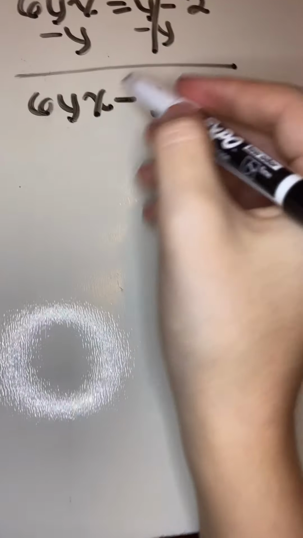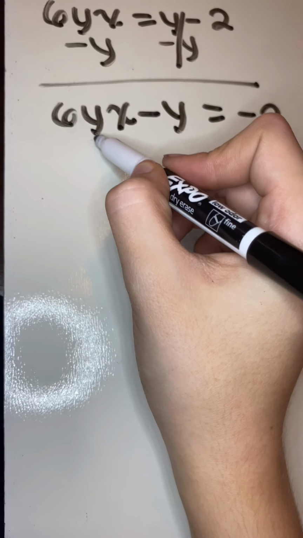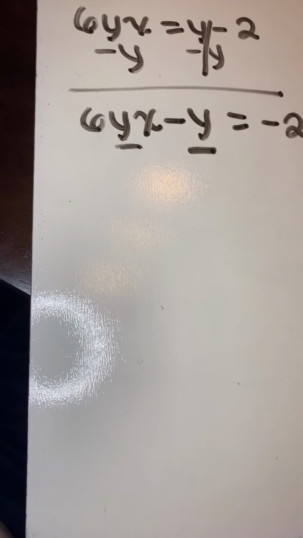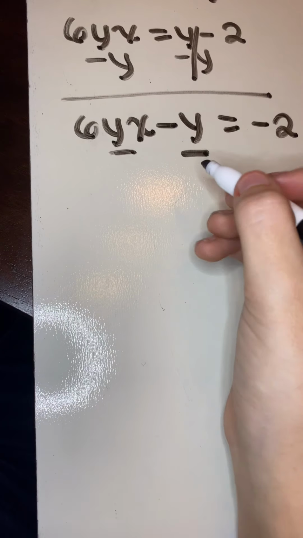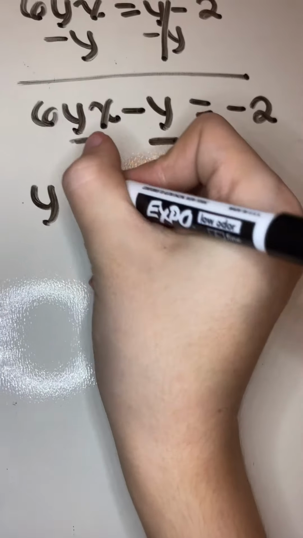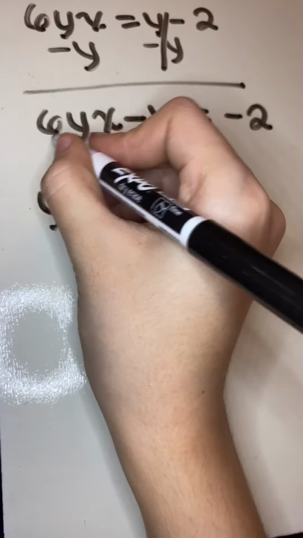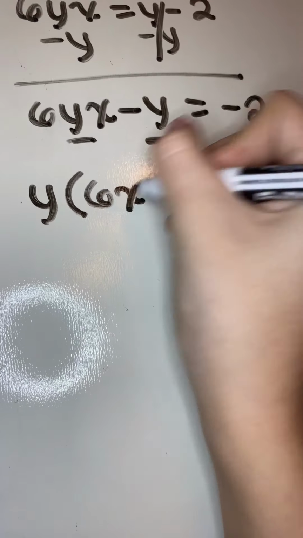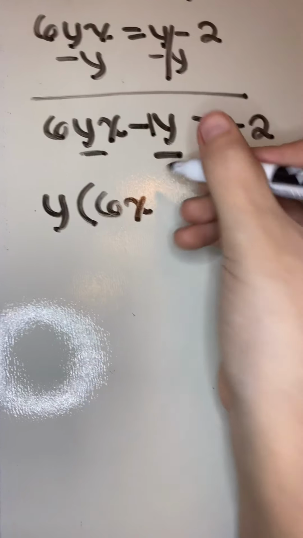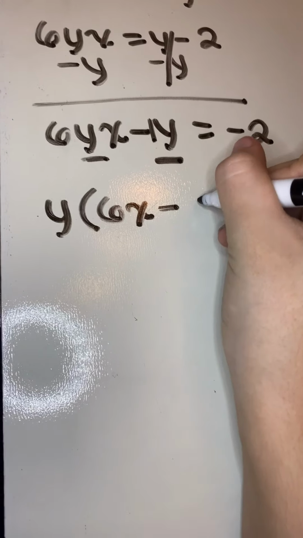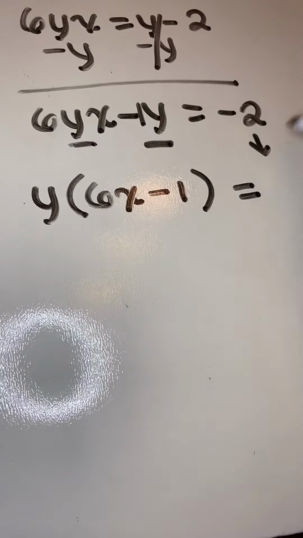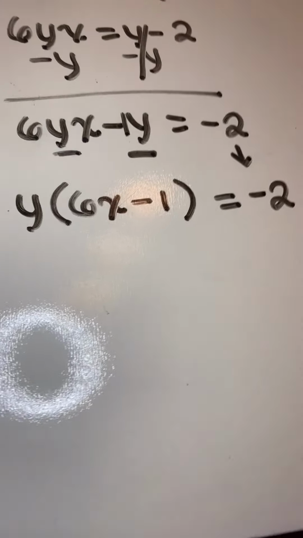So as you can see, both terms have a y, right? So we can easily factor them out. Both have a y in common, so you leave the y outside the parentheses. Then whatever you're left with, 6x, and since the negative is here and there's a 1 in front of the y, you leave the negative 1 inside, and then bring this down, which equals negative 2.